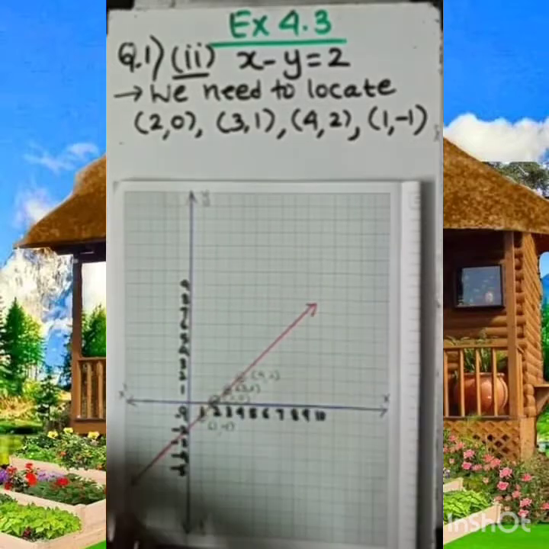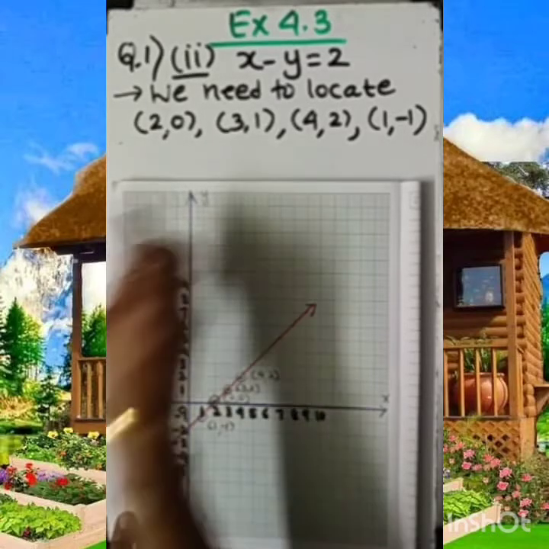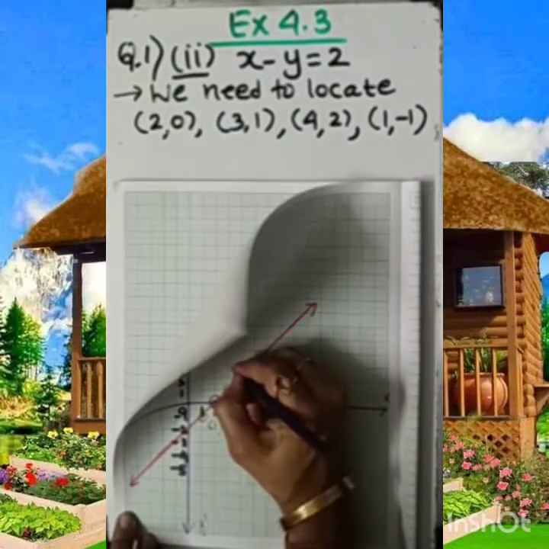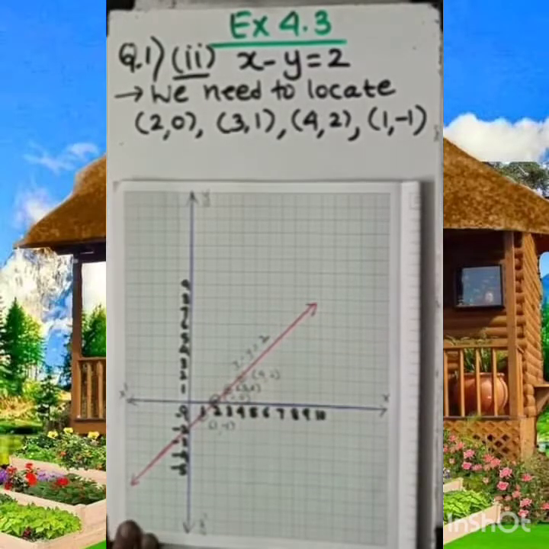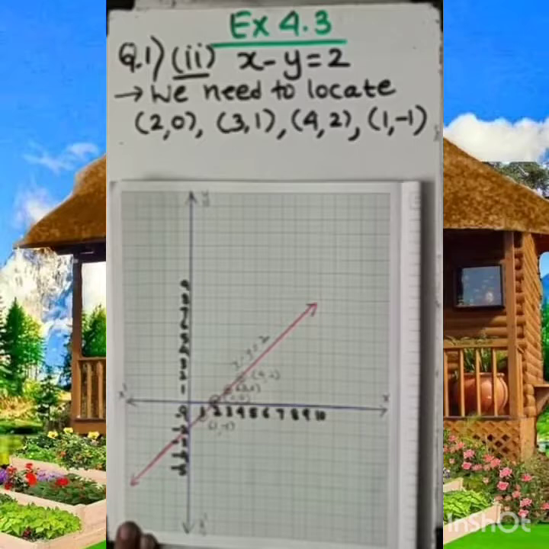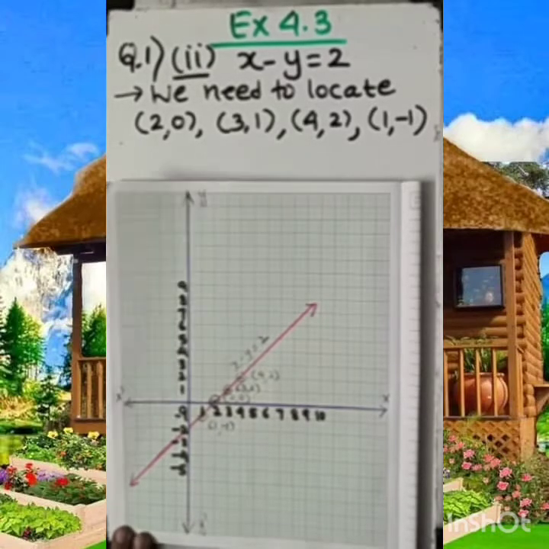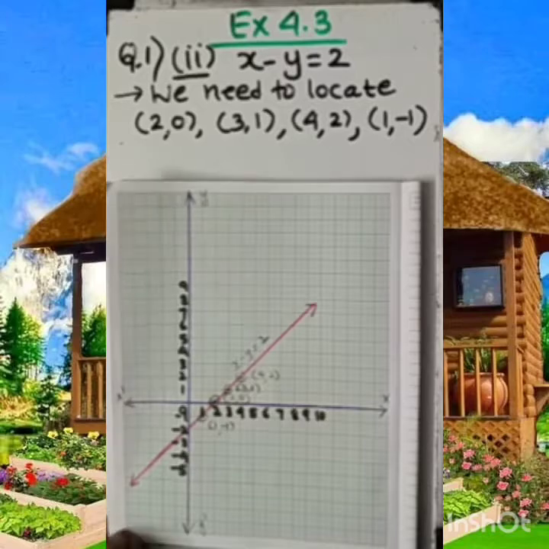This line shows the equation x minus y equal to 2. This is a linear graph, a linear graph in two variables. So this is the solution for the second part of question 1. I hope it's clear to you.